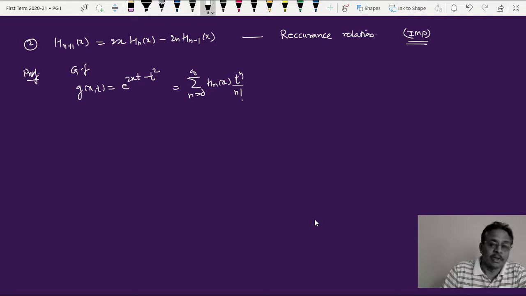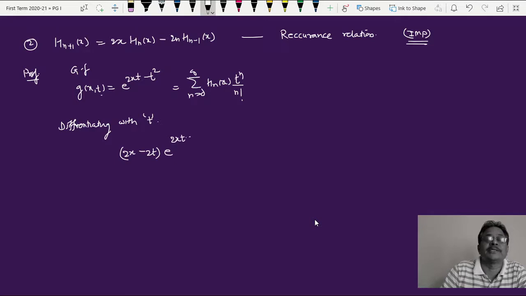Now here we have to differentiate this with the second variable t. So differentiating with t, variable t. So let's see, differential of twice xt with respect to t is twice x, differential of t square is minus twice t, and since this is the expansion term, it will remain as it is, e raised to twice xt minus t square on the left hand side.